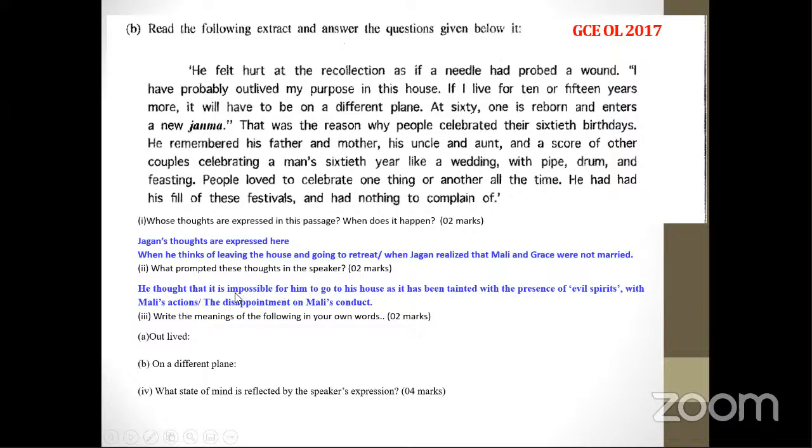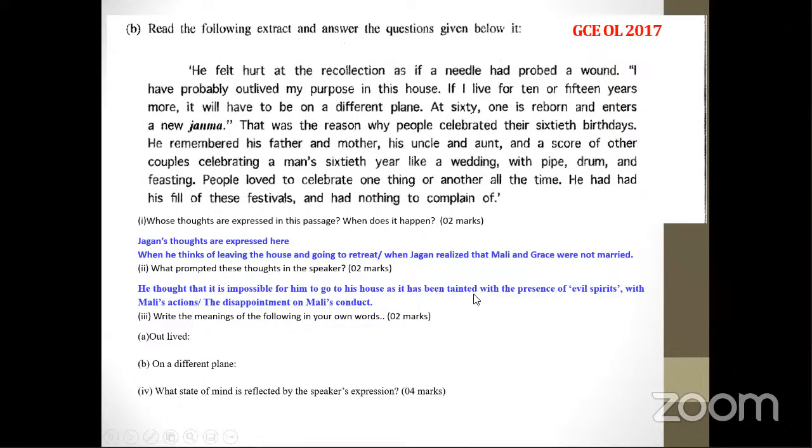Look at the two parts. Impossible to go into the house, house has been tainted. Like he says here, I have probably outlived my purpose in this house. He has lived long, he feels. So that is the answer coming here. Impossible. And tainted. Right.